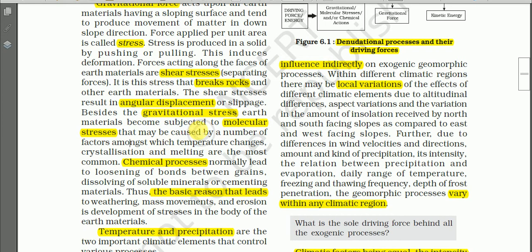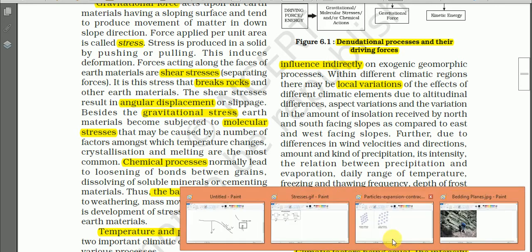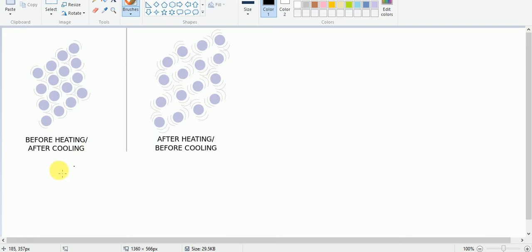See here, when there is temperature change, there may be expansion or contraction, and that is an example of this molecular stress. In this diagram, under normal temperature, the molecules may be compact like this, and when the object is heated, there is expansion.